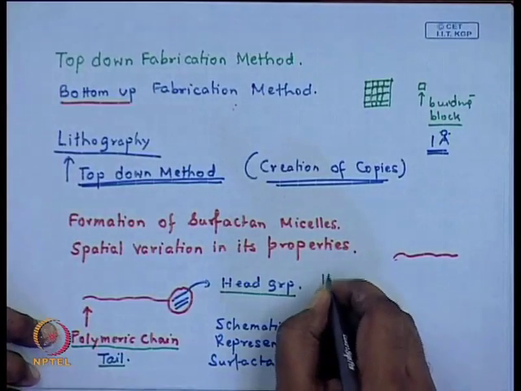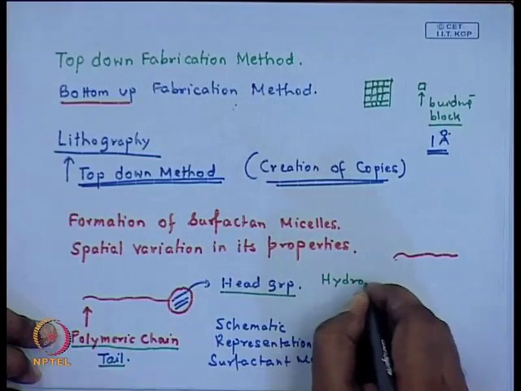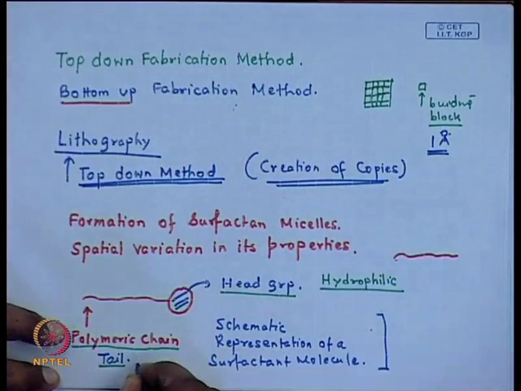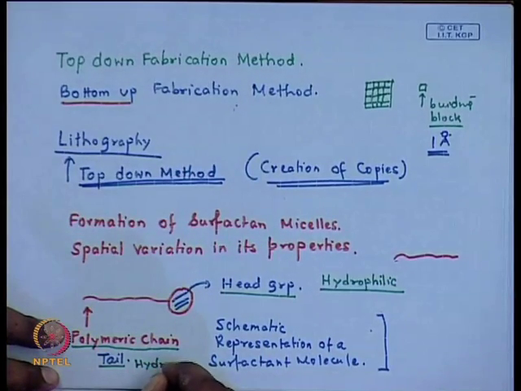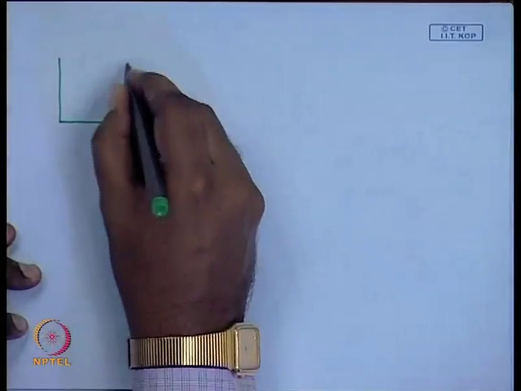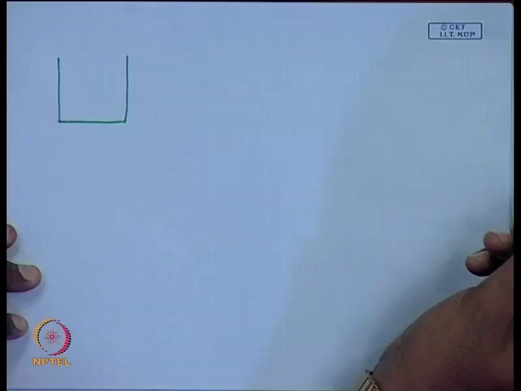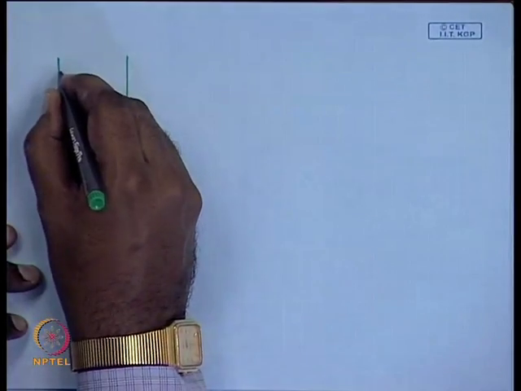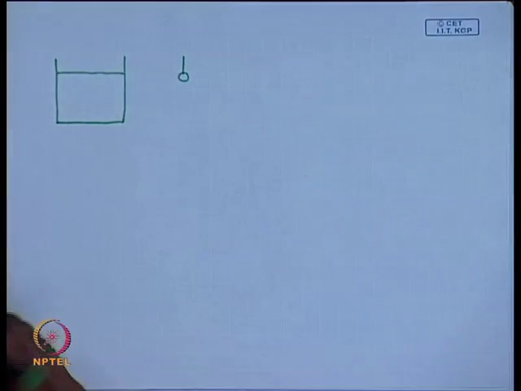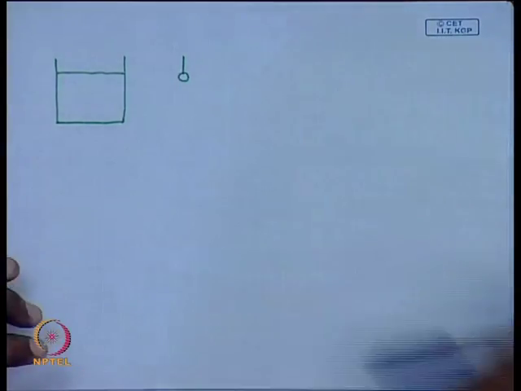This head group is traditionally hydrophilic. In contrast, the tail is hydrophobic. Okay. So, now suppose you have a container of water, and you decide to add a surfactant molecule to this water.